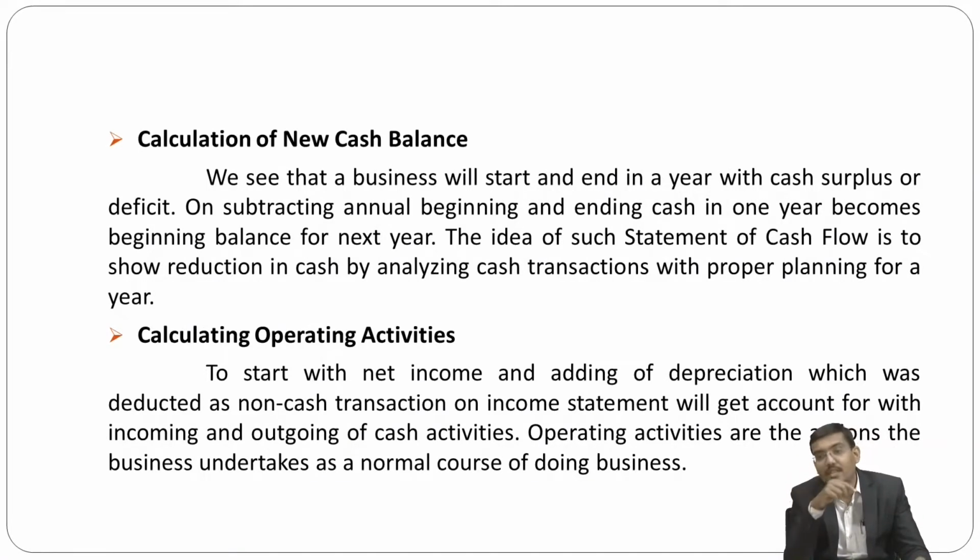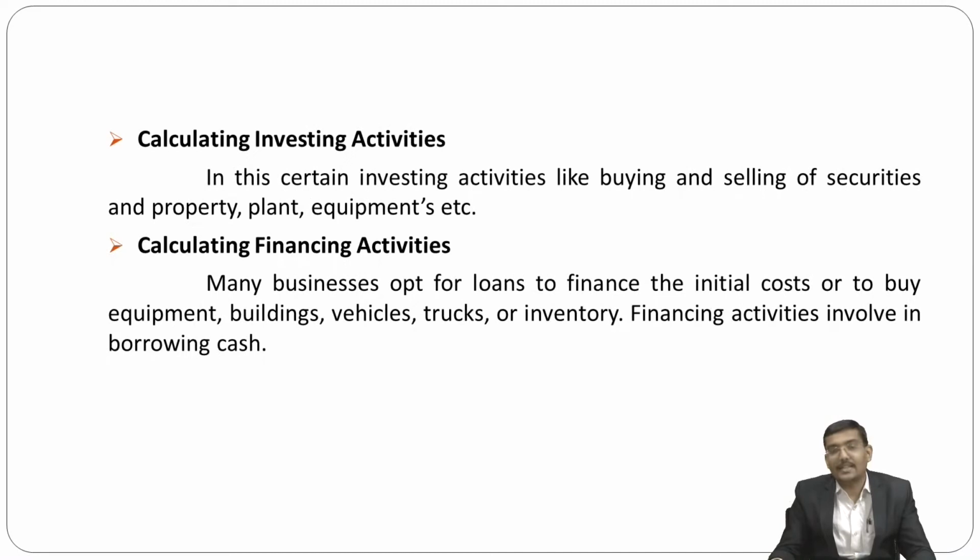So operating activities are the actions the business undertakes in the normal course of doing business. In that, the calculating of the investing activity covers certain investing activities like buying and selling of securities and property, plant and equipments, etc.